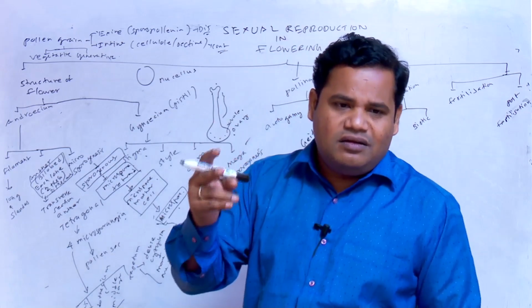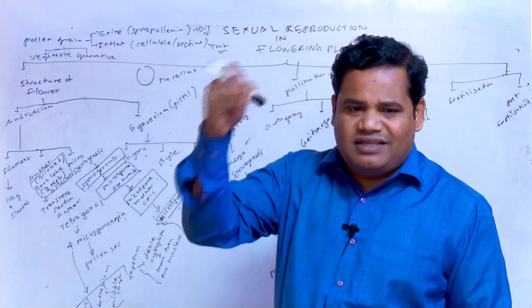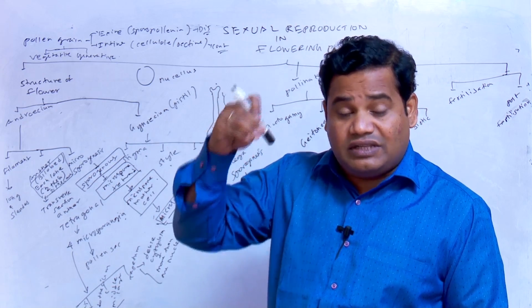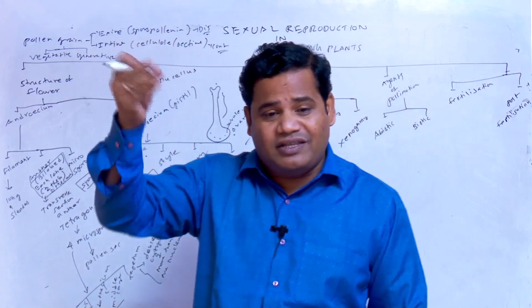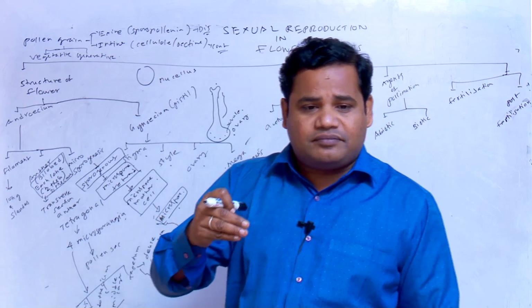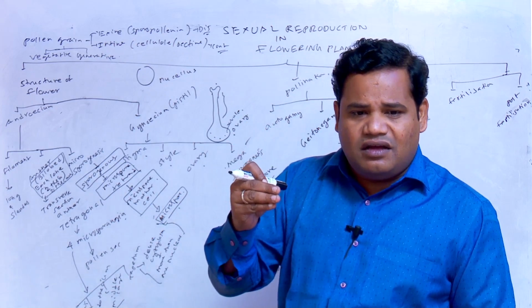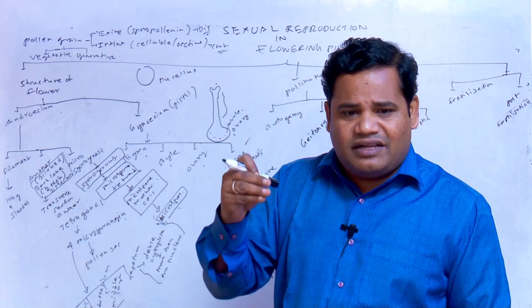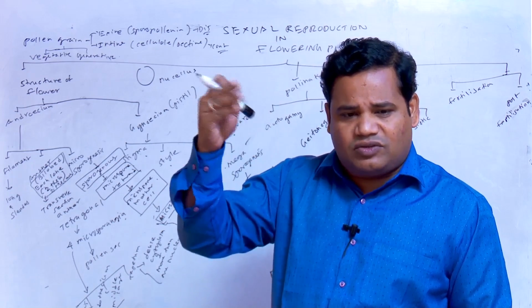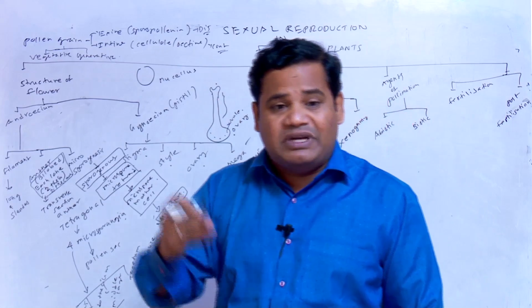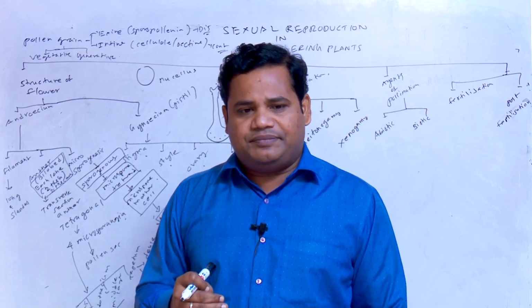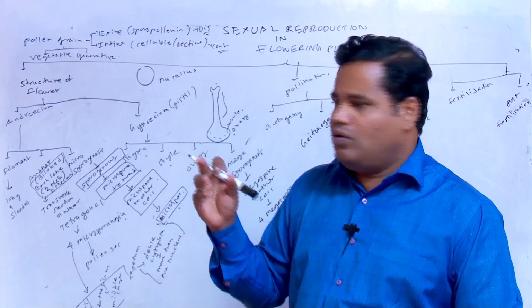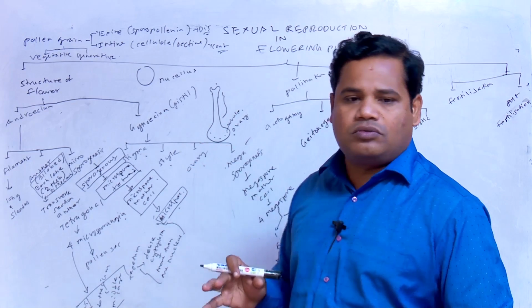To repeat, 3 cells are at the micropylar end and the other 3 cells in the chalazal region, which together make 6 cells, and the middle is the large cell with 2 nuclei. These are all basic structural information about the megaspore and embryo sac.